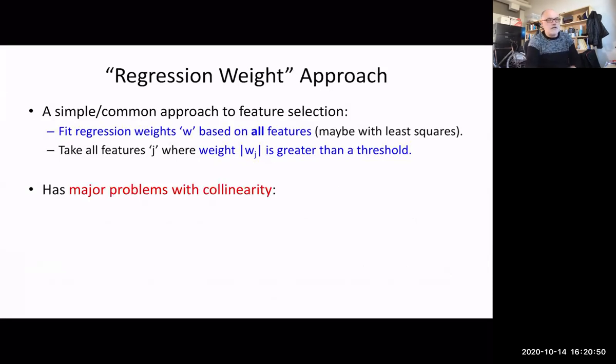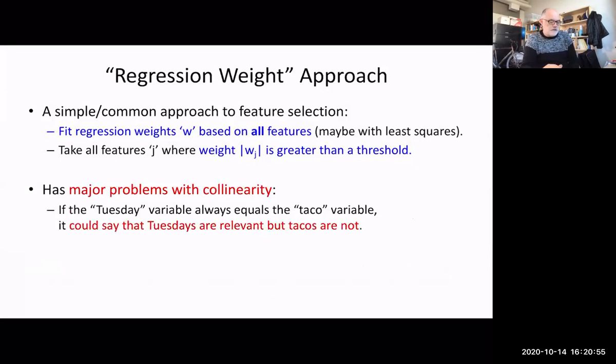Unfortunately, it has pretty major problems with collinear features, right? Going back to this Taco Tuesday example, if the Tuesday variable always equals the taco variable, it could say that Tuesdays are relevant, but tacos are not, and that's clearly uncomfortable in terms of what we would naturally think is a relevant feature for making a prediction about a food allergy response, right?